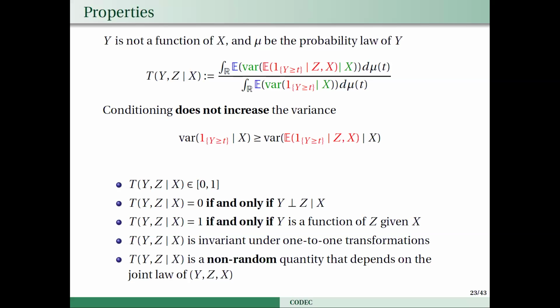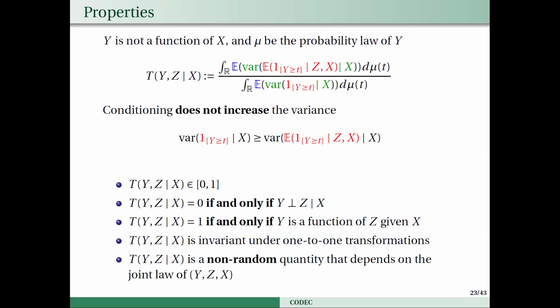Remember that when we want to measure the dependence of y on z given x, they may have some shared information from x, which I'm not interested in. So by conditioning on x, I'm getting rid of that part of dependence that is coming through x, and it helps me to measure the remainder of their dependence that is just between them, and not coming through x.